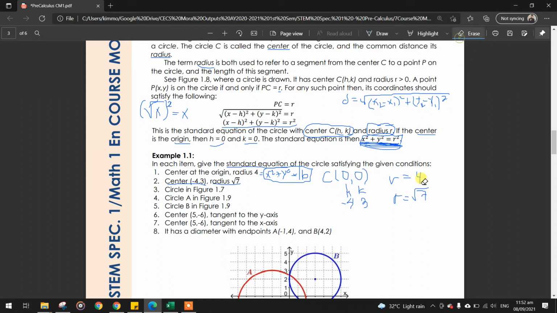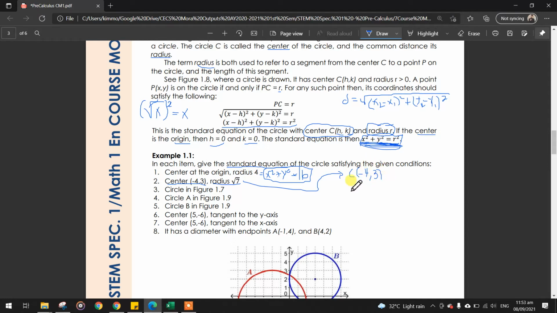Ay, tarungon ako pag ha, para kabalo mo sa pagsulat sa solution. So, okay, from here, diri lang ako isulat ang solution ha. Center. So, from our center, negative 4, 3.